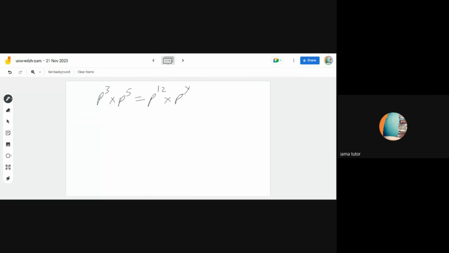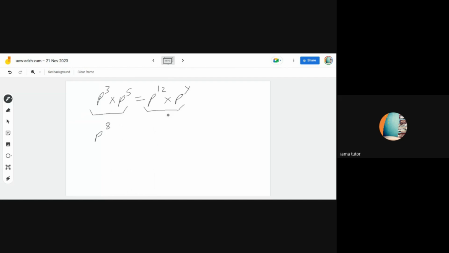You need to find the value of y. Let's see that. First we will use the multiplication rule of indices. Simply, we can write the left side as p power 8.